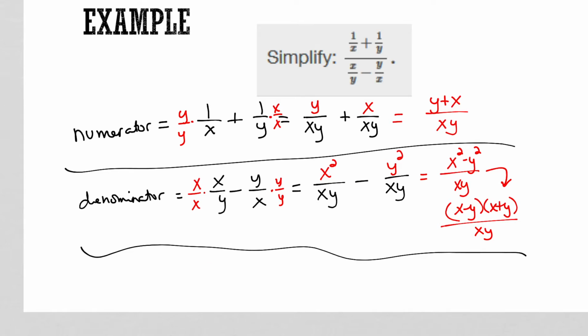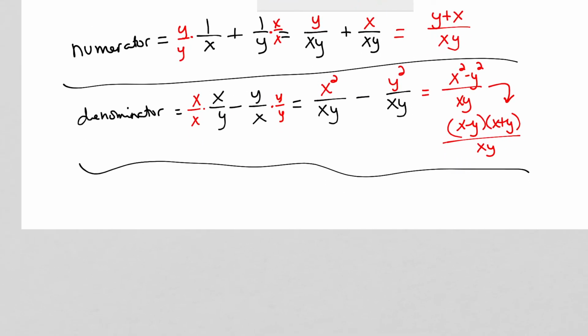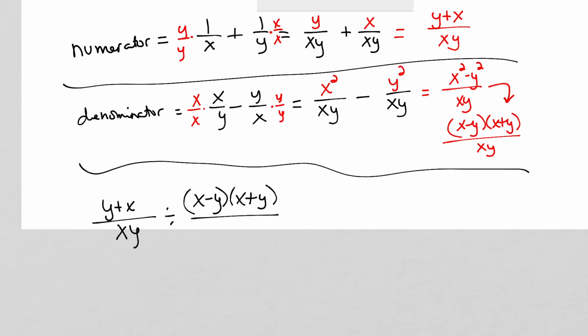I'm going to move this down. So I've got y plus x over xy divided by x minus y, x plus y over xy. Keep the first one, change your sign to multiplication, flip your second one.